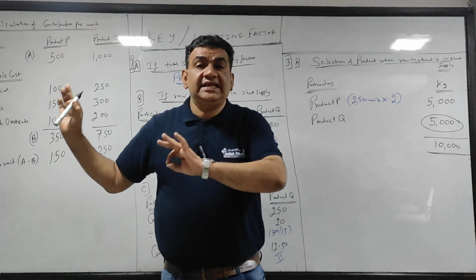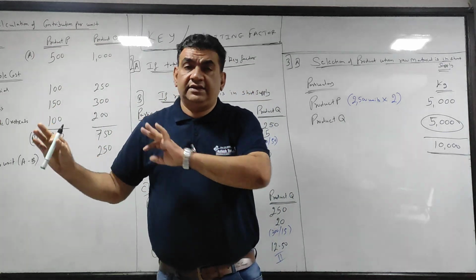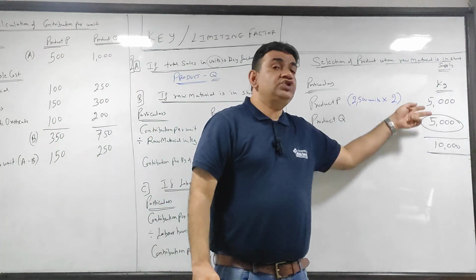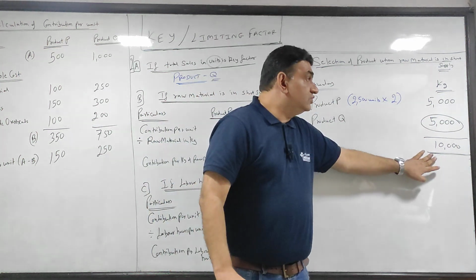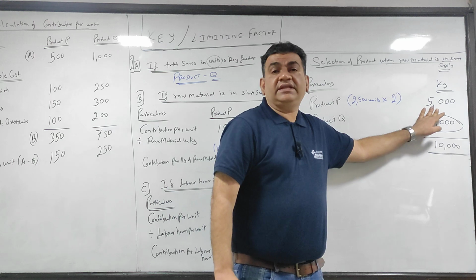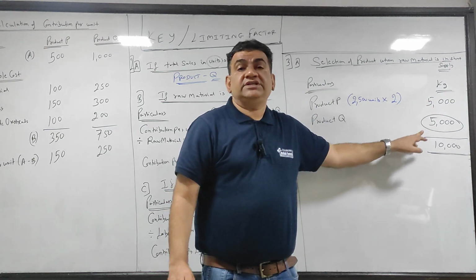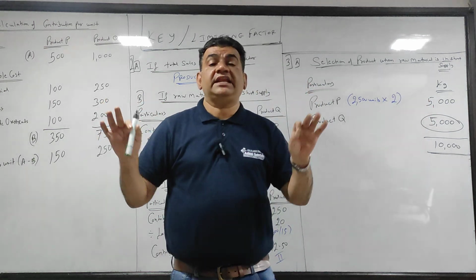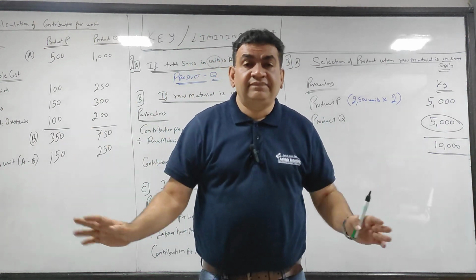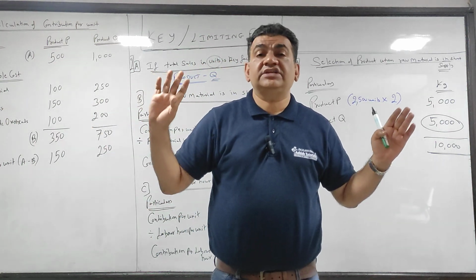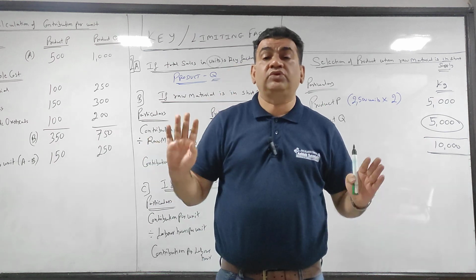10,000 किलो मटेरियल ही मार्केट में अवेलेबल है. उसमें से I used 5000 for P. So 10,000 minus 5000, मेरे पास Q मैन्युफैक्चर करने के लिए खाली 5,000 किलो मटेरियल है. जितना भी मैन्युफैक्चर कर सकते हो 5,000 किलो में उतना करो.